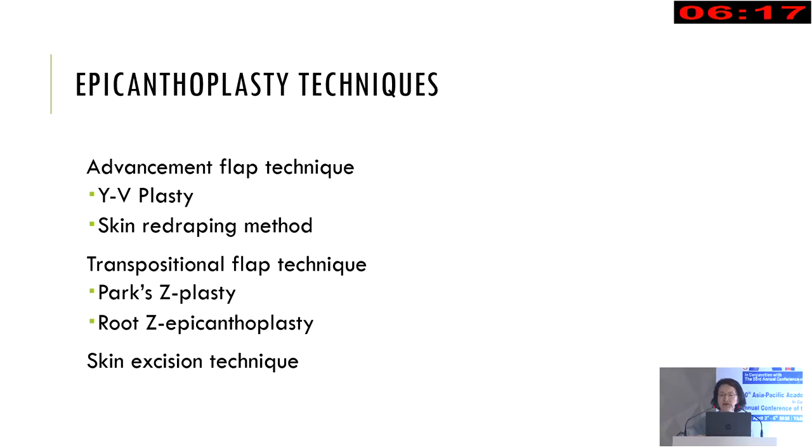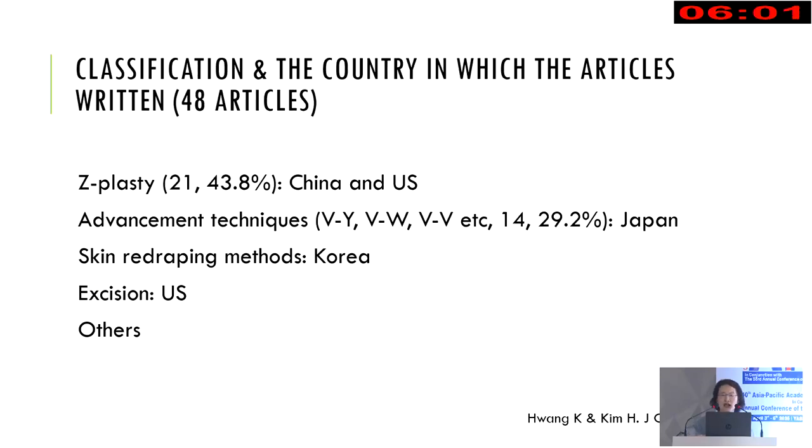Various techniques of epicantoplasty have been performed. Current methods can be categorized into the advancement flap technique, transpositional flap techniques represented by Park Z-plasty and Root Z epicantoplasty, and the skin excision method. In an analysis of 48 articles on epicantoplasty, Z-plasty was written about most frequently, followed by the advancement technique.